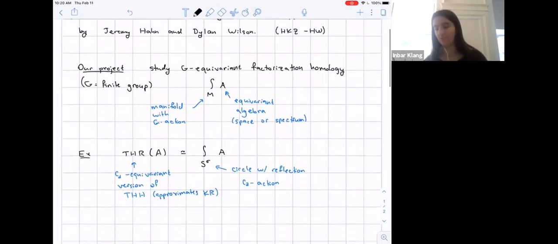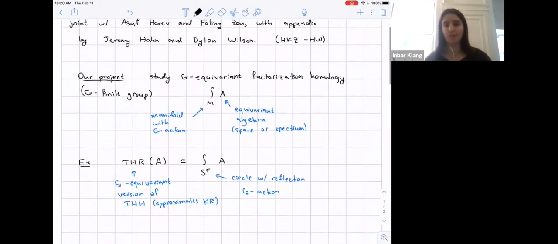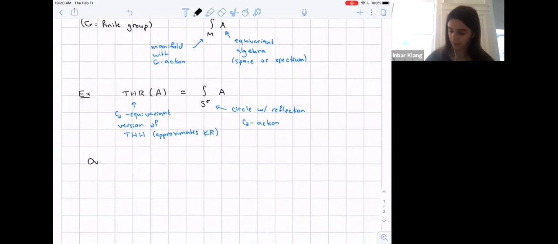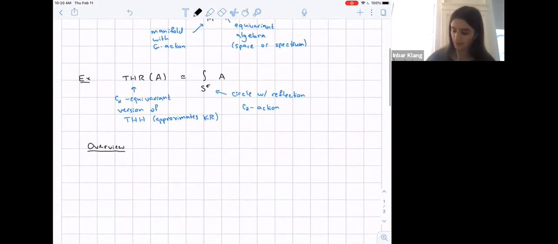This is the kind of object that we're studying. Before I go into more detail about what factorization homology and equivariant factorization homology are, I'll give some flavor of the results we'll talk about.